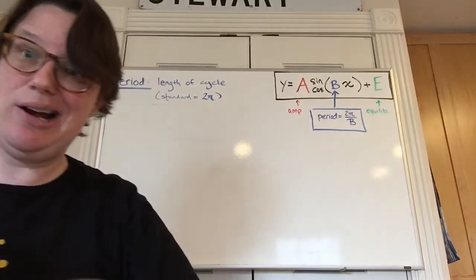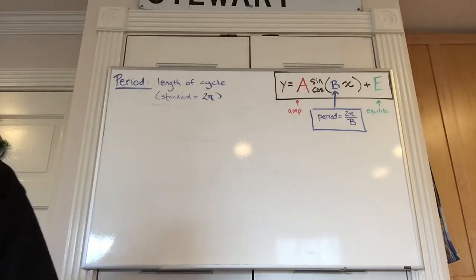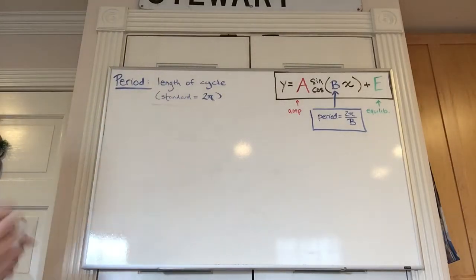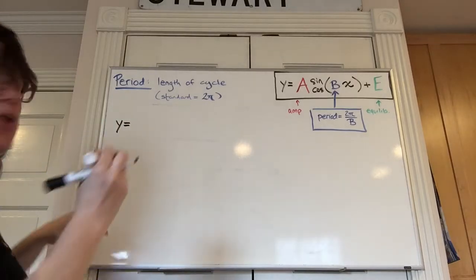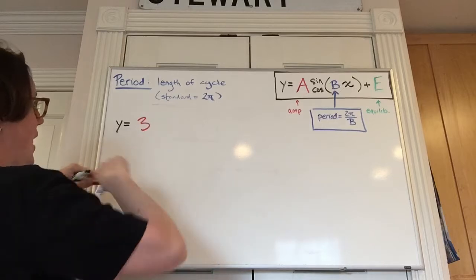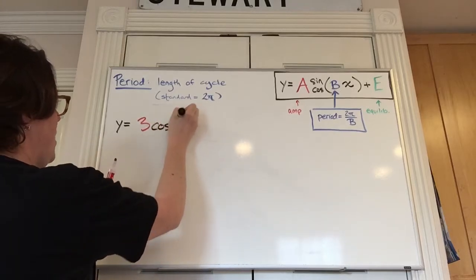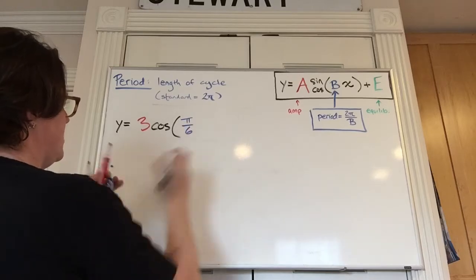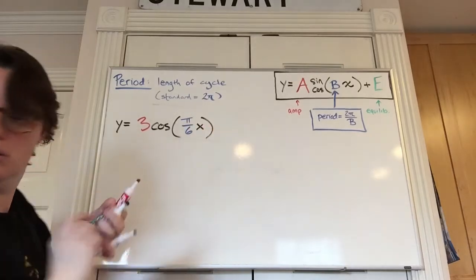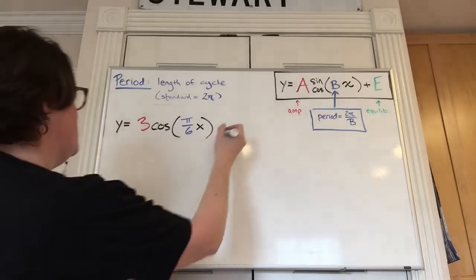Get some more colors out. Let's say that we were looking at the equation y equals 3 times the cosine of pi over 6 times x plus 5.